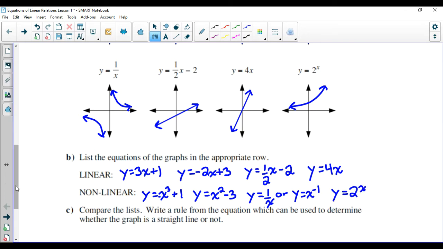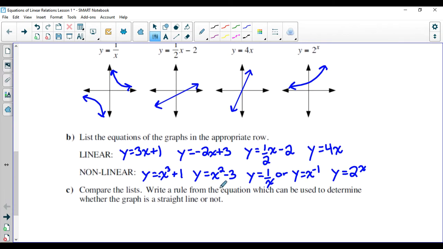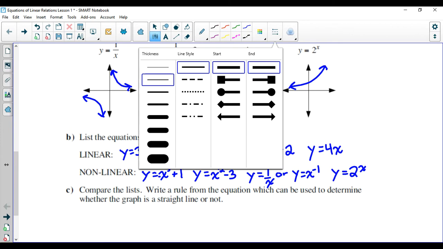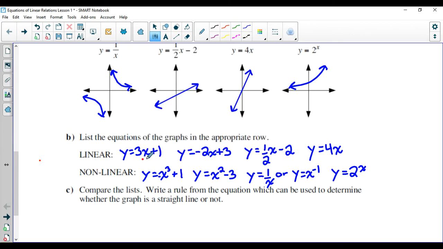Now it says compare the lists. Write a rule from the equation which can be used to determine whether the graph is a straight line or not. Okay, this is what we want to focus on. Let's focus exclusively on the variable x. So here's my variable x, here's my variable x, here's my variable x, here's my variable x.